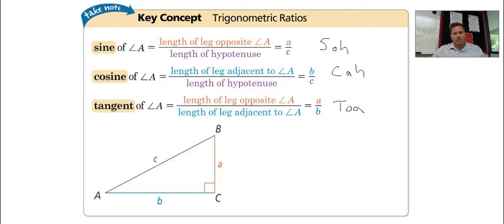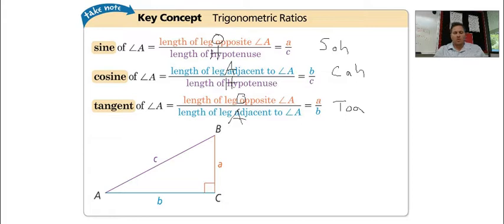The first one is, S stands for sine, O stands for the opposite, over the hypotenuse. So that's how we get the sine. The C stands for cosine, the A stands for adjacent, which means next to, and the H stands for hypotenuse. And the TOA: T stands for tangent, O stands for opposite, and A stands for adjacent.